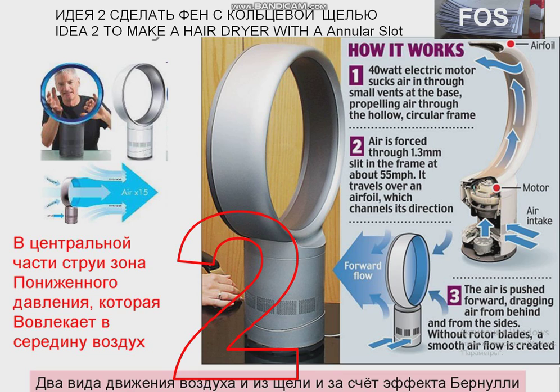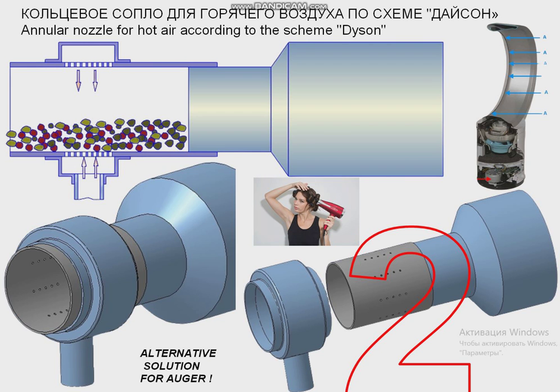Okay, next prototype from the function-oriented search database. It can be a fan that looks like, I forgot the name of these guys, I will show you, Dyson.